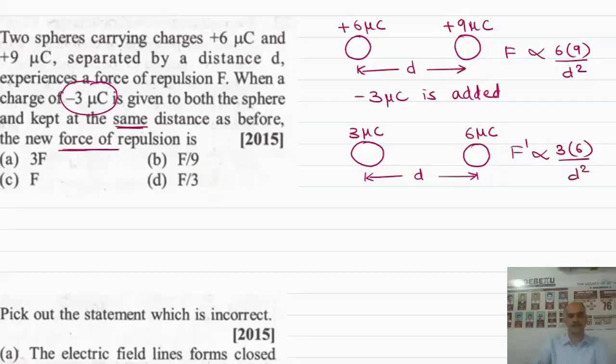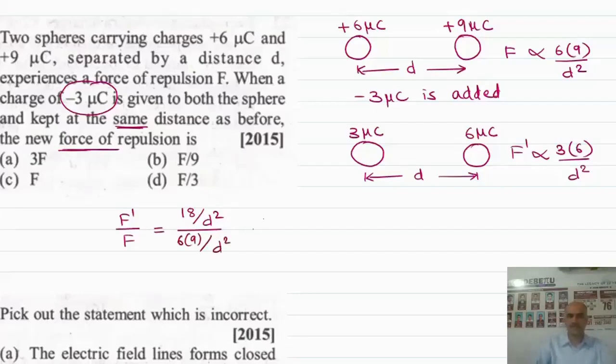Now divide one by the other: F dash by F is 3 into 6, 18 by d square, divided by 6 into 9 by d square.